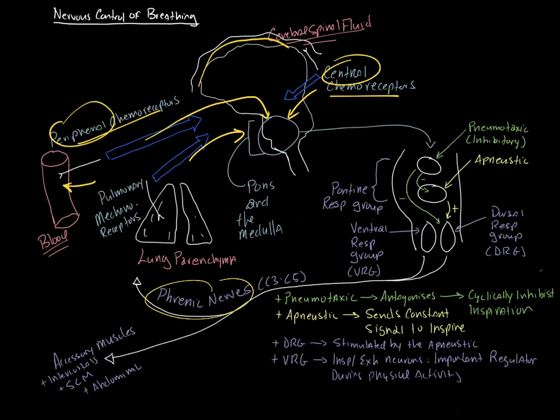Okay, we also said that the primary nerve to breathe is the phrenic nerve, right? And you actually have two of them. You have the right and the left phrenic nerve. They innervate primarily the diaphragm, but you also have your accessory muscles. You've got your intercostal muscles, and you have your external and internal intercostals. The external are toward the outer part of the chest wall, the internal toward the inner part of the chest walls.